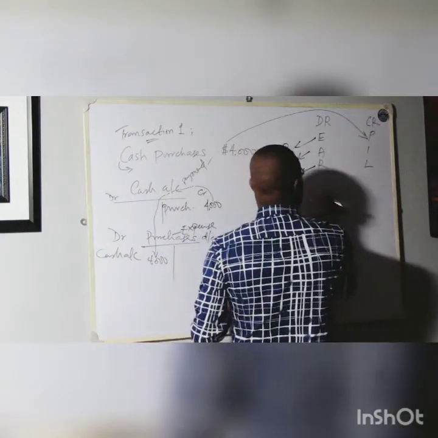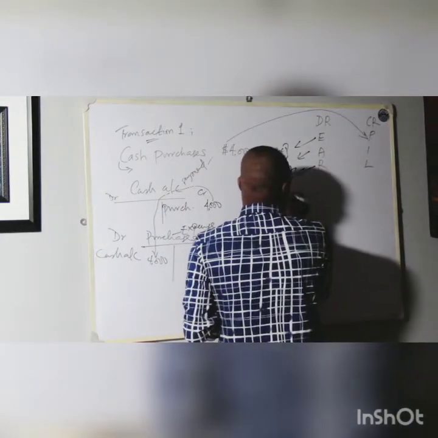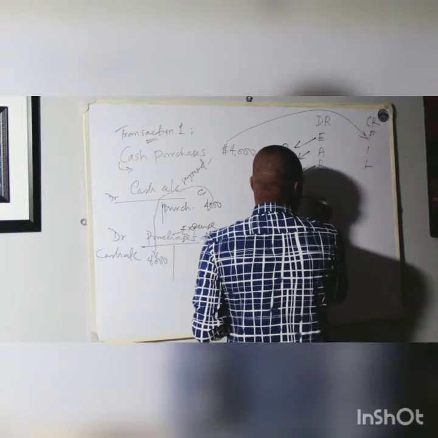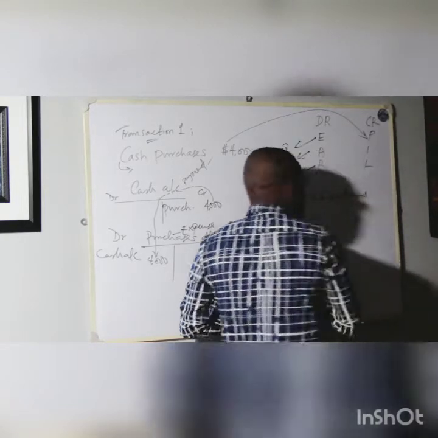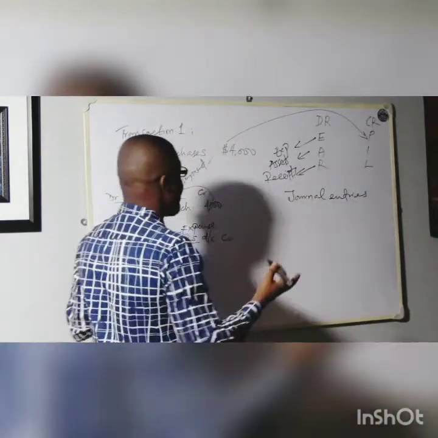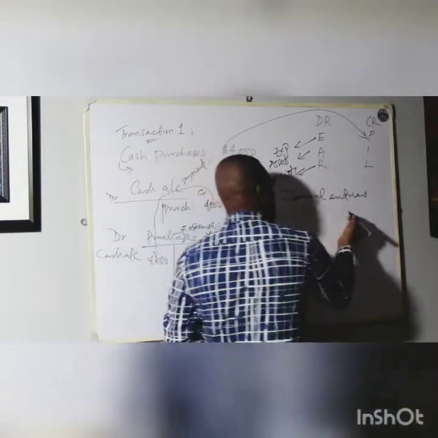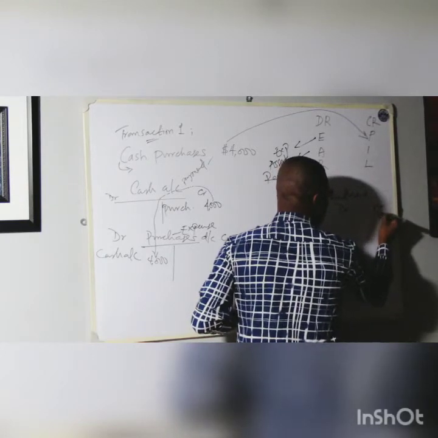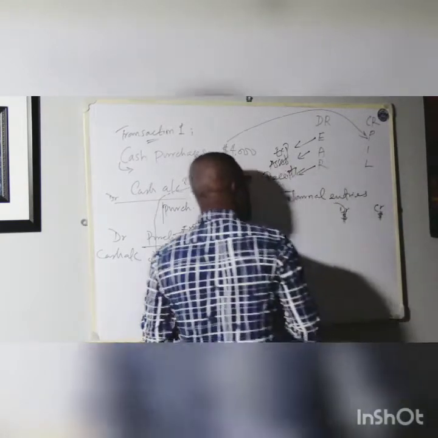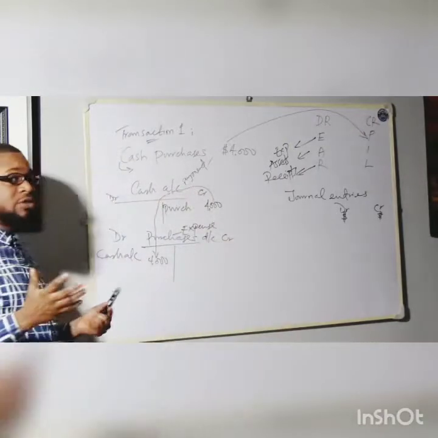Okay, so you might be asked in the exam to do journal entries, or in your business you want to make journal entries. Then what do you have? Your journal will always have two columns as usual. You have debit and credit in dollars. Now, if you are doing journal entries, this baffles me a lot.